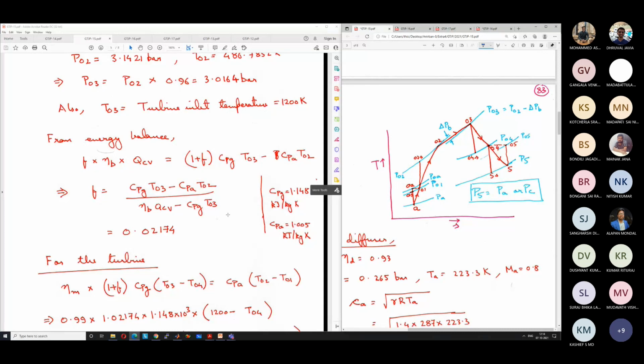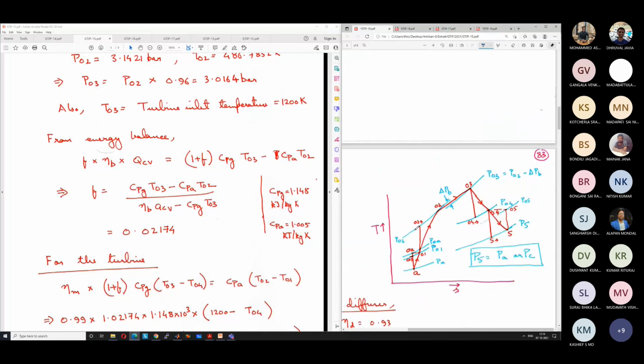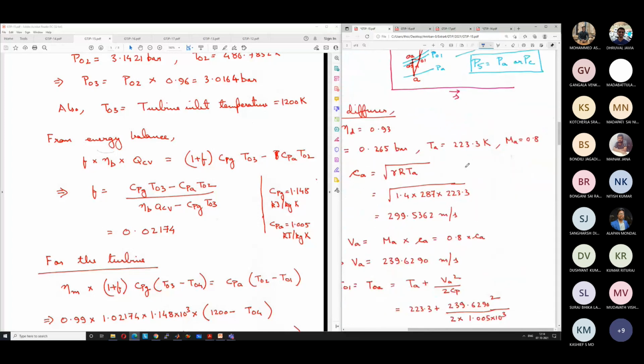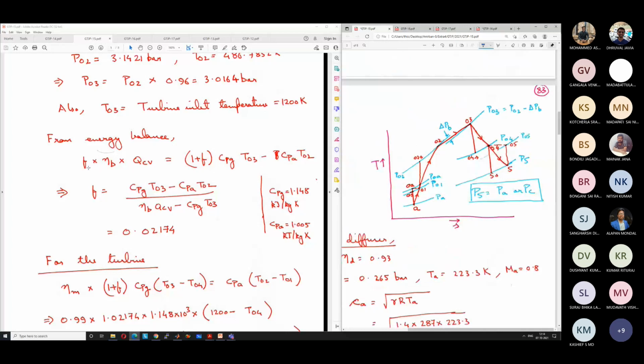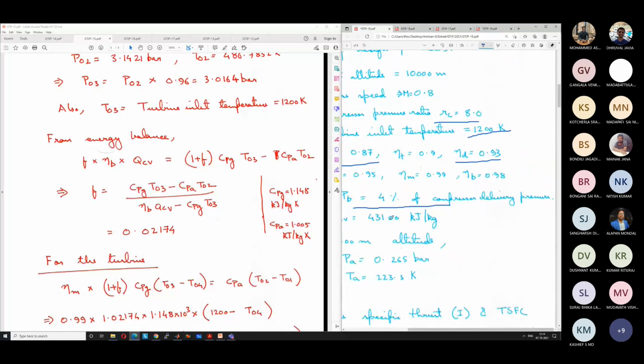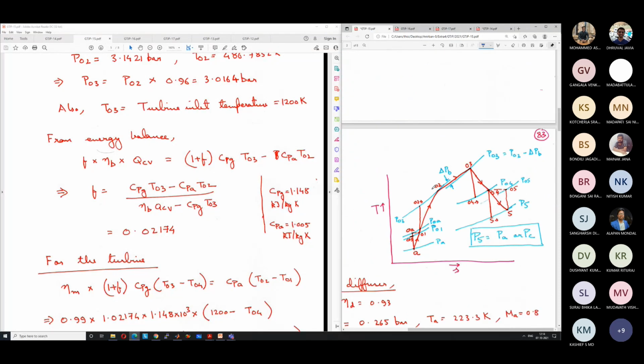Combustion efficiency, what was the value? I don't remember. 0.98, I think. Yes. And if we do not know, the calorific value should be 43,000 or something like that, 43,100 kilojoule per kg. All these are realistic values.